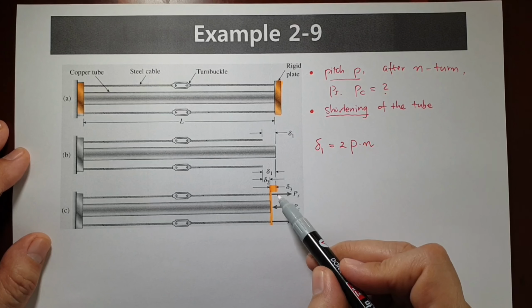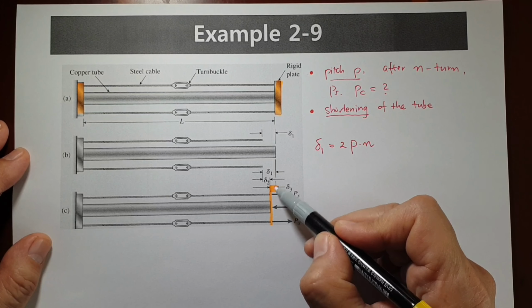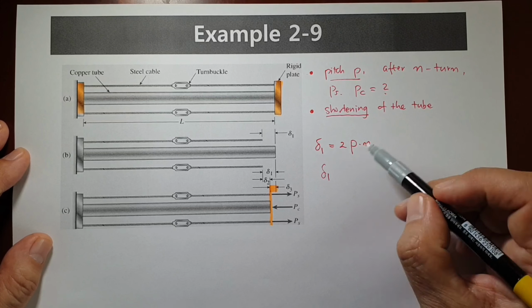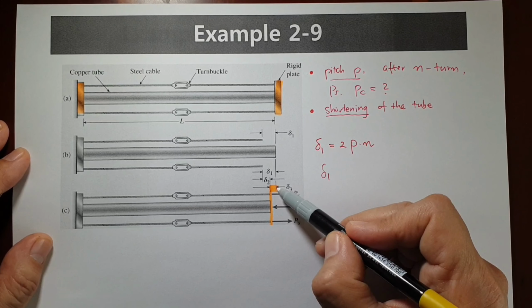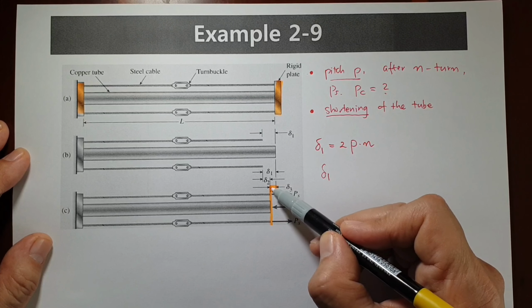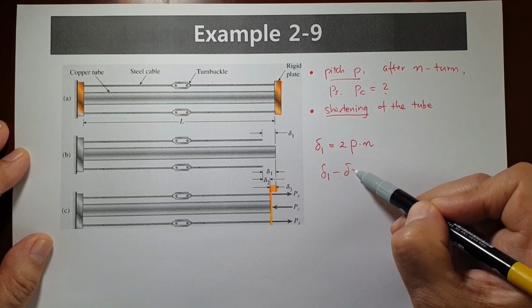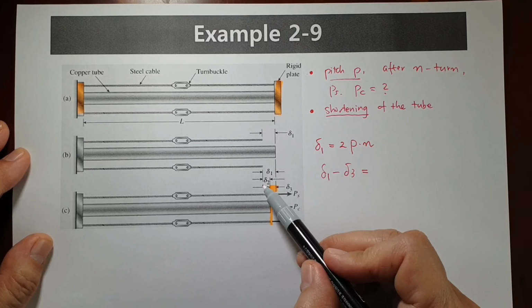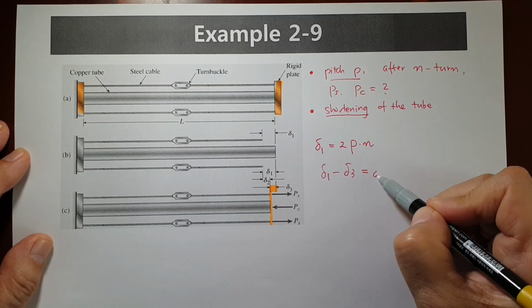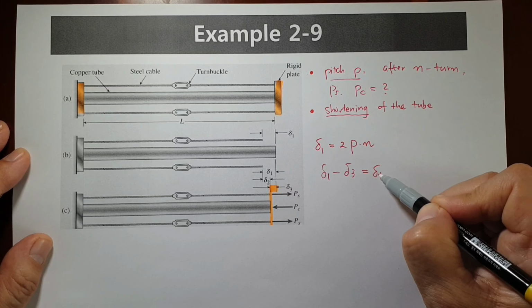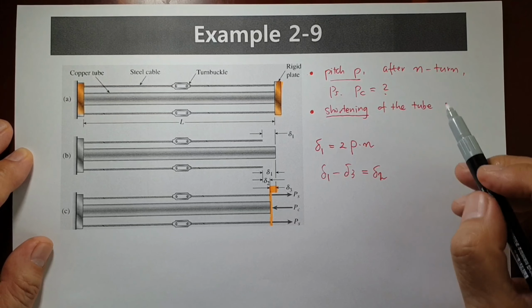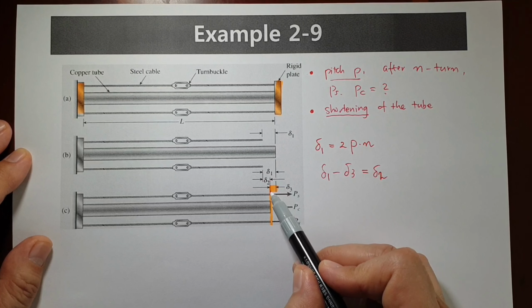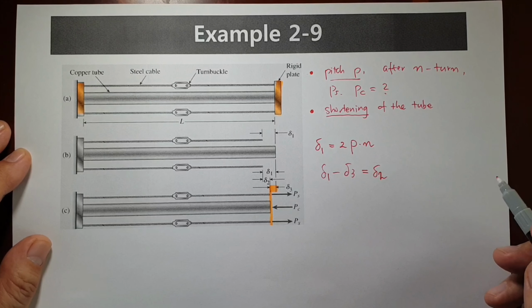At this position, delta 1 is the big one, and when you subtract some value, delta 3, delta 2 plus delta 3 is delta 1. Delta 2 is this distance. Anyway, delta 1 is delta 2 plus delta 3. Okay, this relationship.